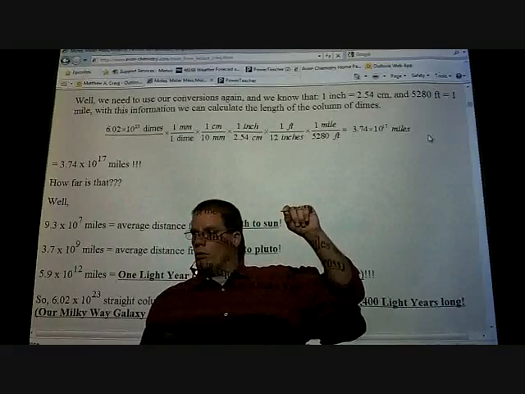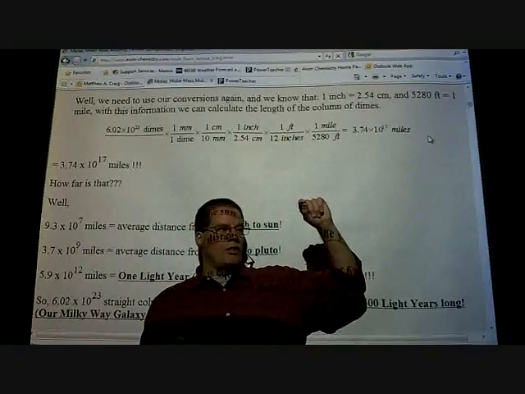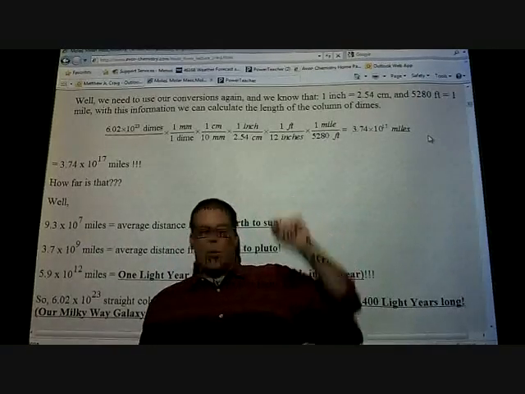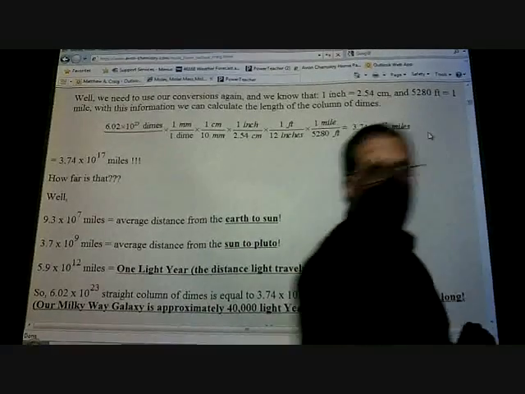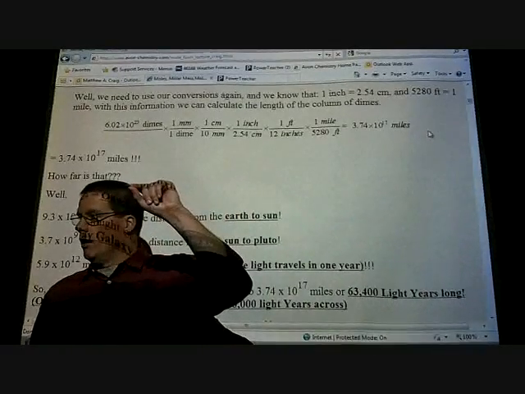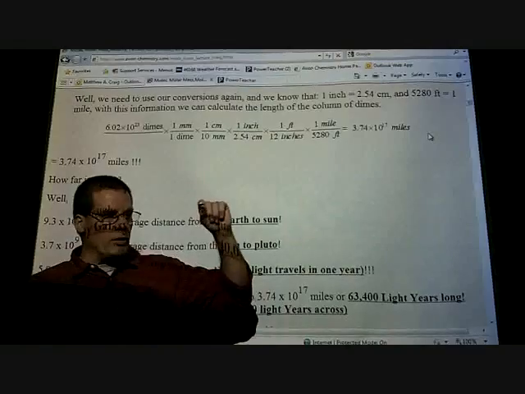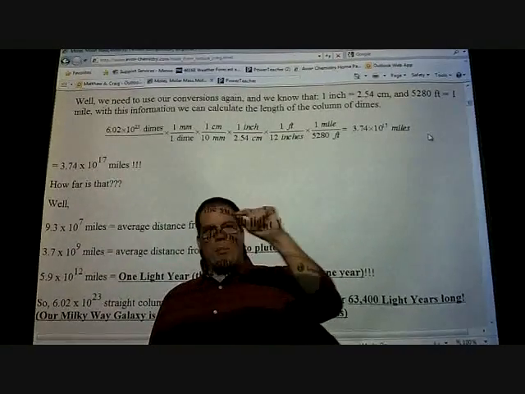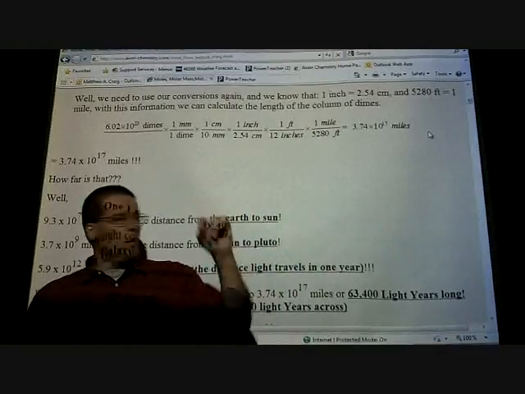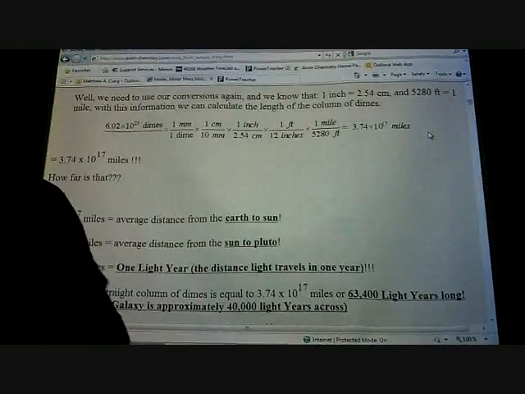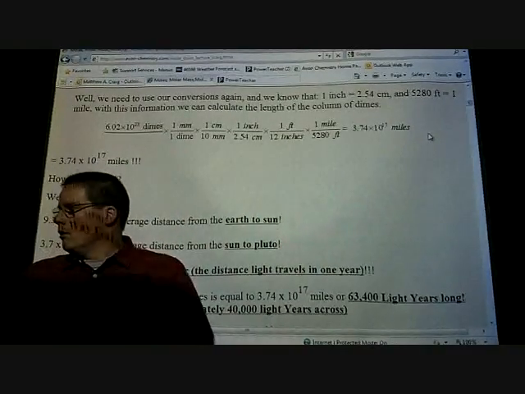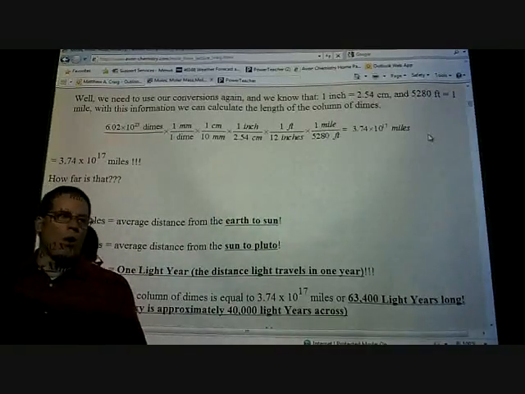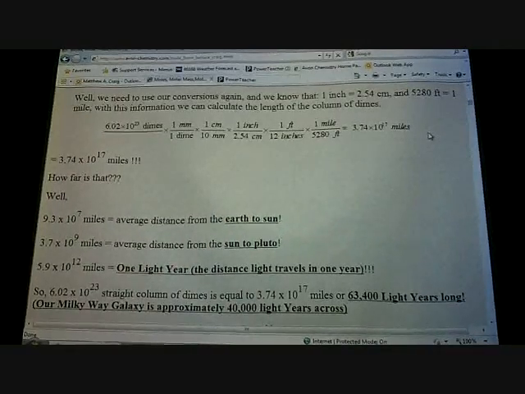How big is a molecule? Pretty tiny. We don't even have technology that can look at atoms yet. But this thin dime we can see, or barely see. And if we stack up 6.02 times 10 to the 23rd of these dimes, it goes way across, actually 1.5 times our Milky Way galaxy.